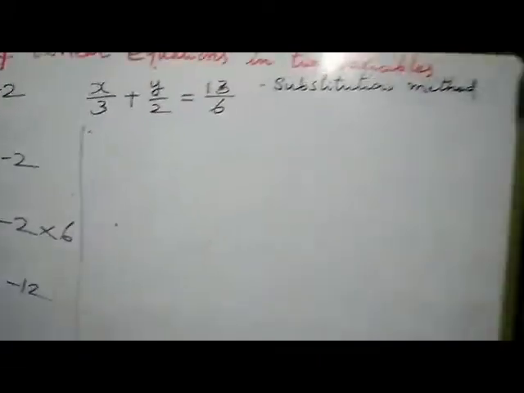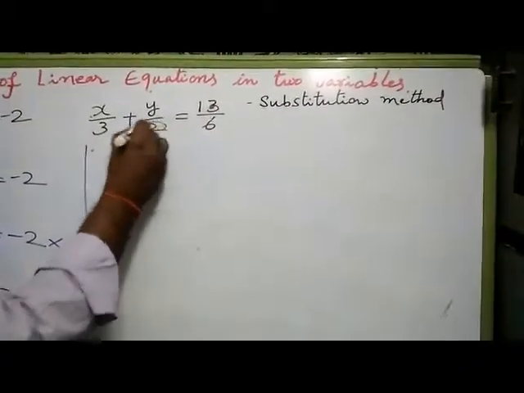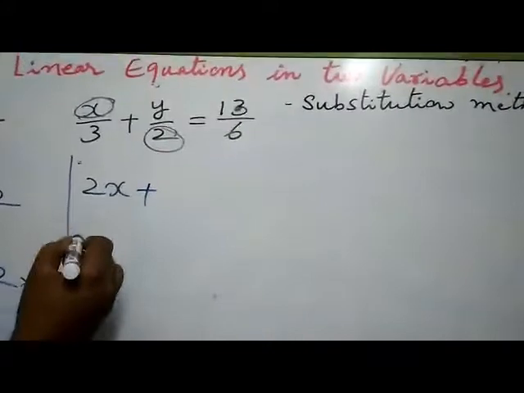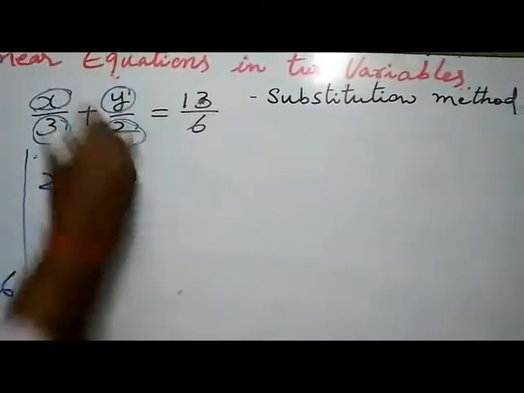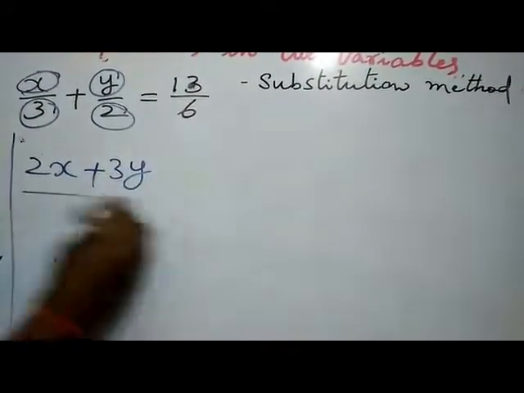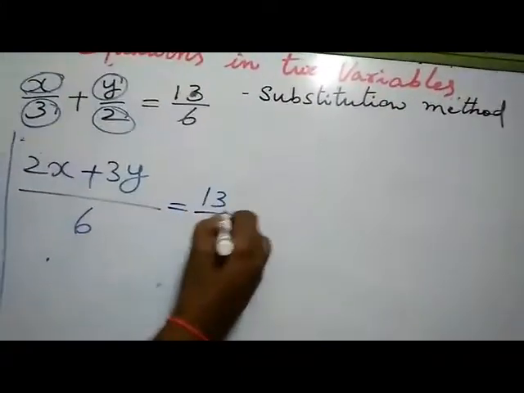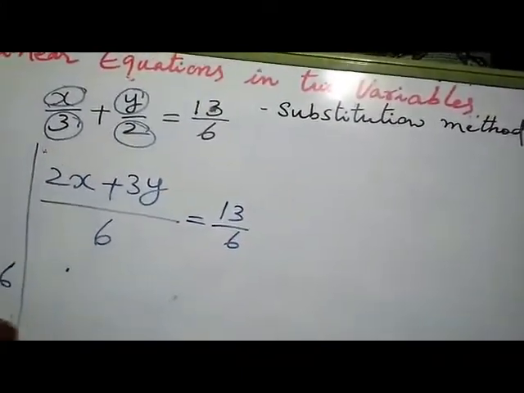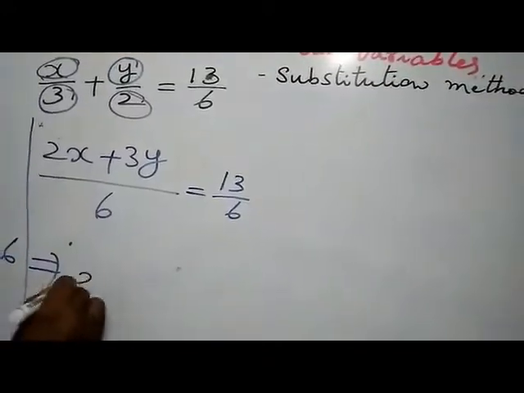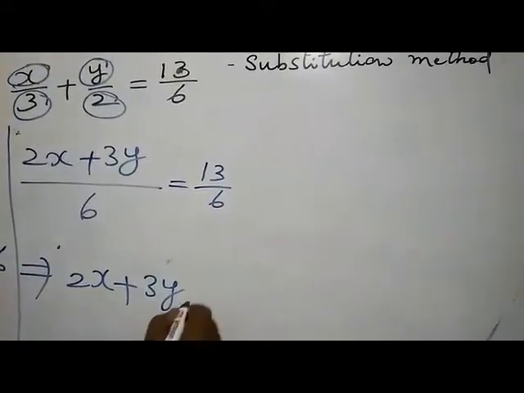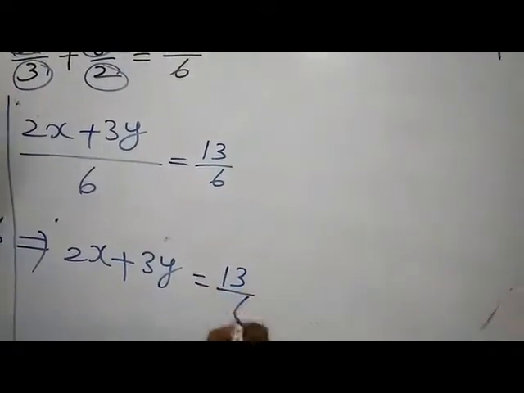Coming to this part, same way we have to do. 2 into x is 2x plus 3 into y is 3y, by 6, 3 2s are 6, is equal to 13 by 6. That implies 2x plus 3y is equal to 13 by 6.